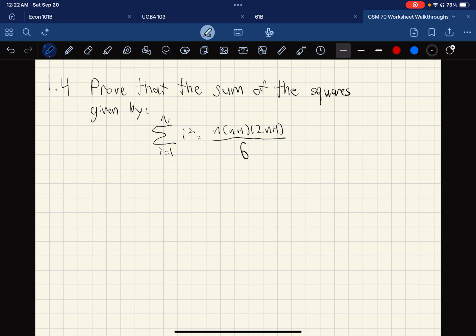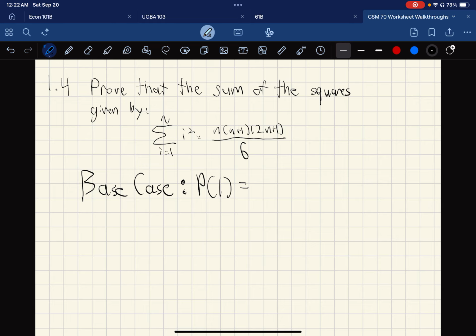As we know it's induction, the first step of inductive problems is to start with our base case, which in this problem is kind of given to us. Our base case is going to be 1.